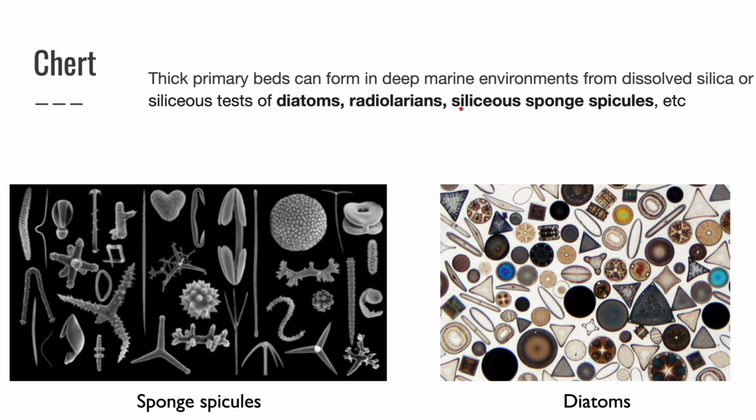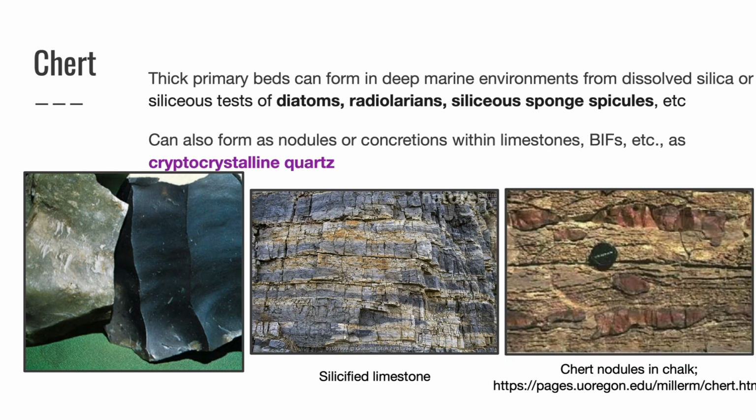So thick beds can form in deep marine environments from dissolved silica or piling up and reworking of these siliceous biogenic materials. They can also be found as nodules or concretions within limestones, banded iron formations, or cryptocrystalline quartz.